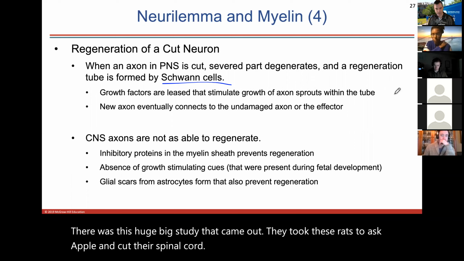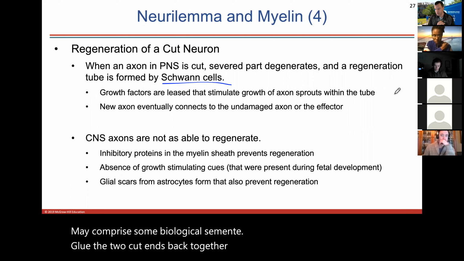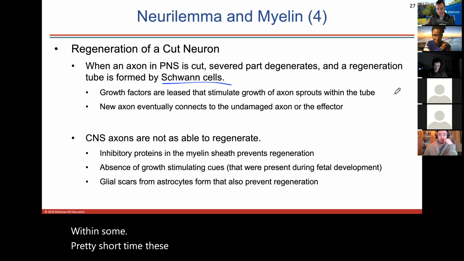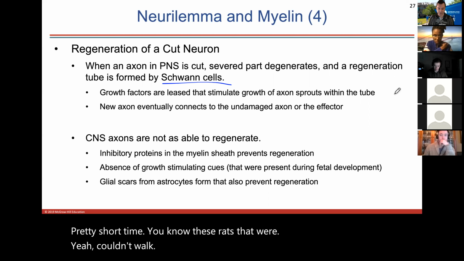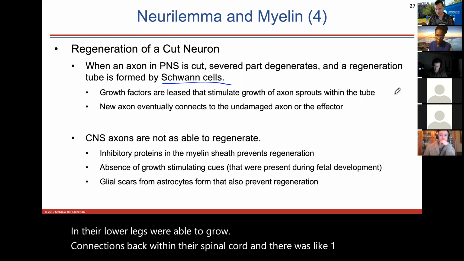They used some biological cement, glued the two cut ends back together, and within some pretty short time, these rats that couldn't walk on their lower legs were able to grow connections back within their spinal cord. And that was one of the first major studies that looked at it.